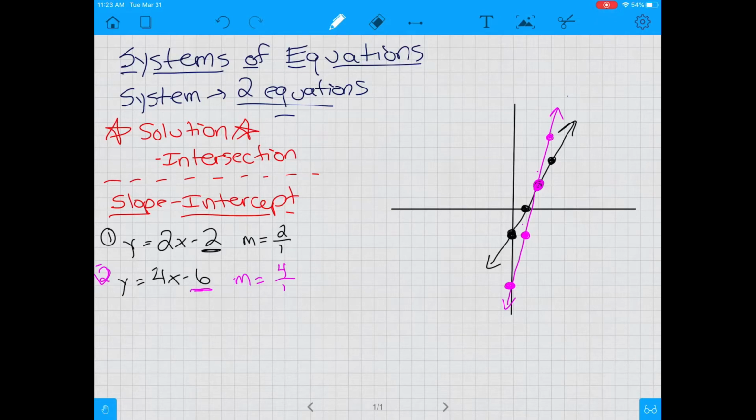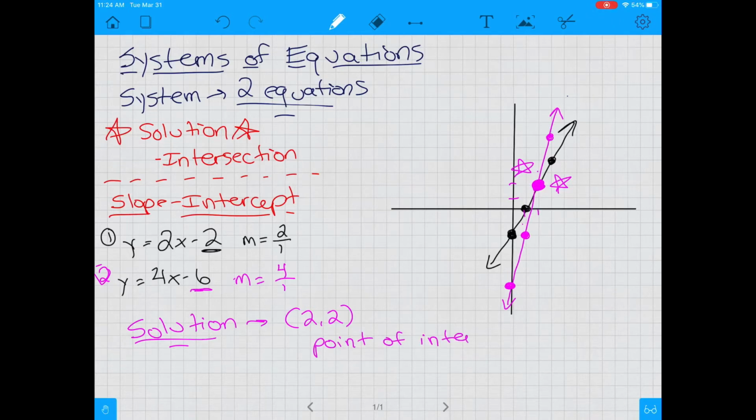Now you notice the key here: this point right here, I had to draw over twice. That is where those lines intersect. So here, the solution, and this is very important, is the coordinate point where they intersect. That point happens to be 1 on x, 2 on y. This is their point of intersection.